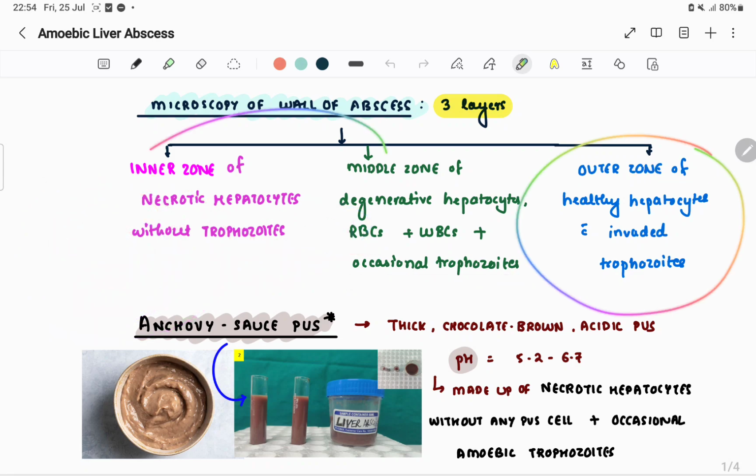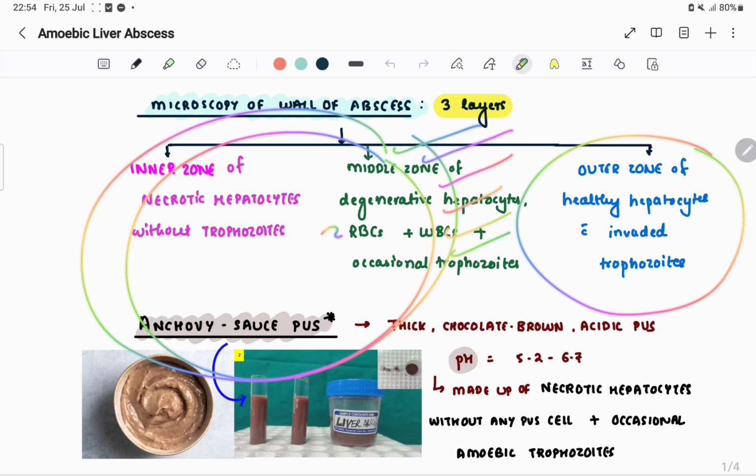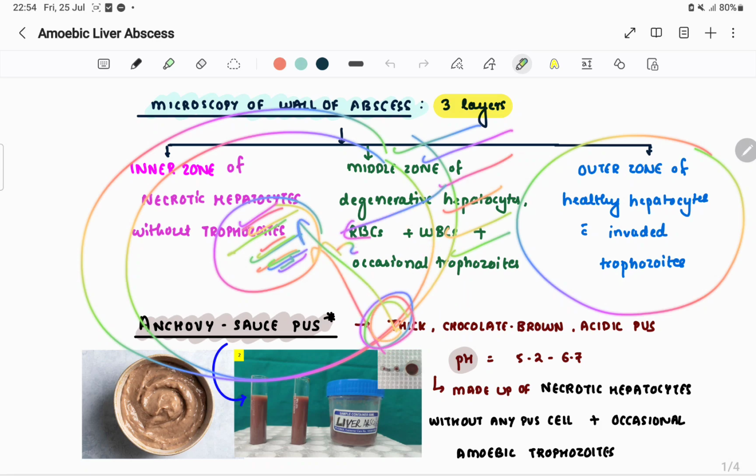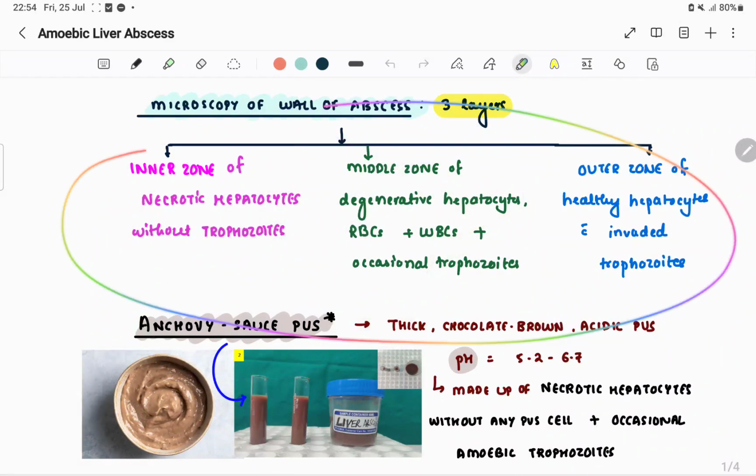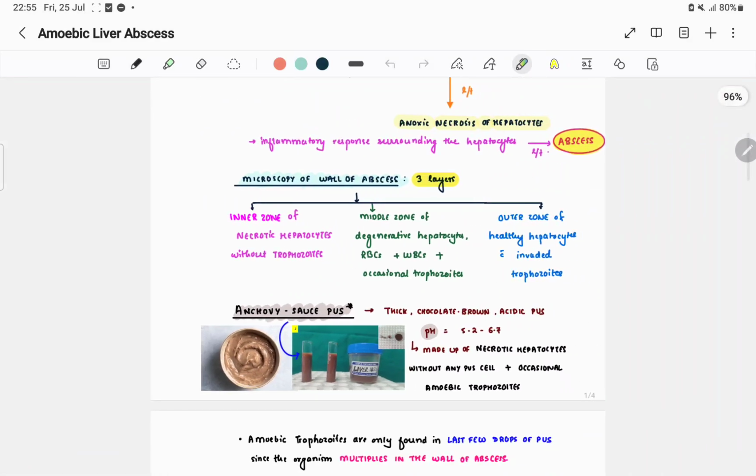The outer zone has trophozoites. So trophozoites are present maximally in the outer zone, while necrotic hepatocytes are present maximally in the inner zone. Trophozoites are more in the outer layers than inner layers, but necrosis is more in the inner layers than outer layers. If you understand this analogy, then it's easy.